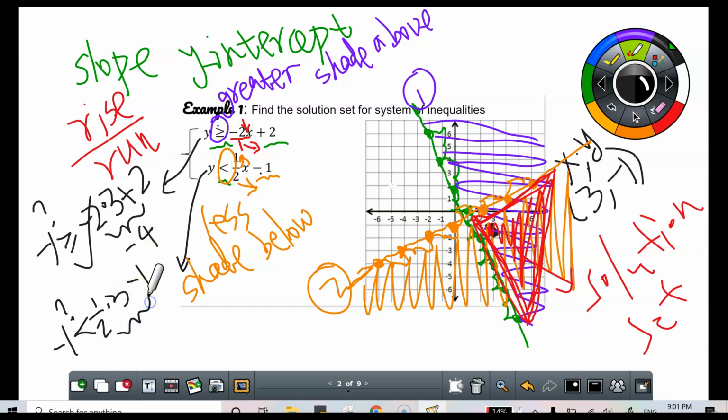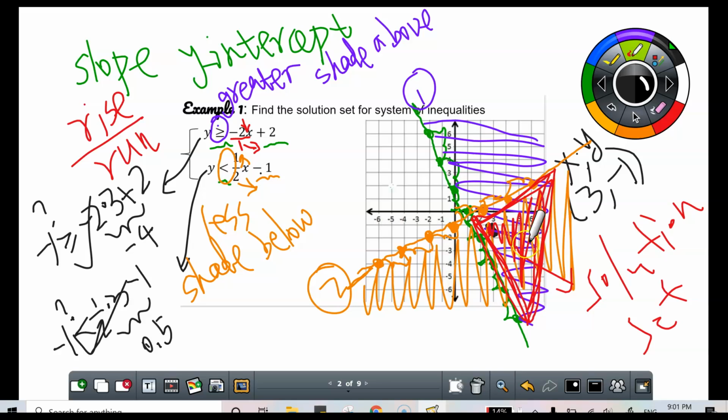And the right side equals 1/2 of 3 is 1.5. 1.5 minus 1 is 0.5. Okay. Is -1 smaller than positive 0.5? Yes. So this point in the solution set makes both of the inequalities true.